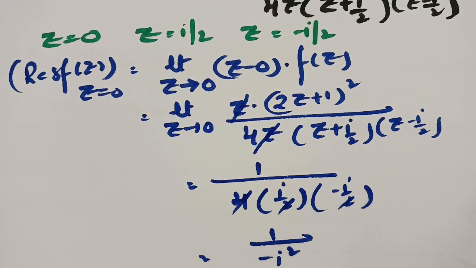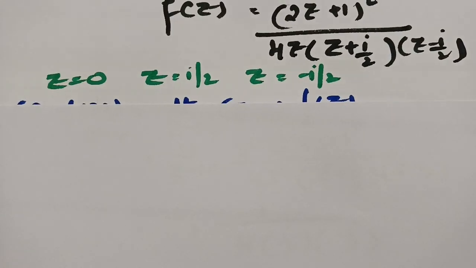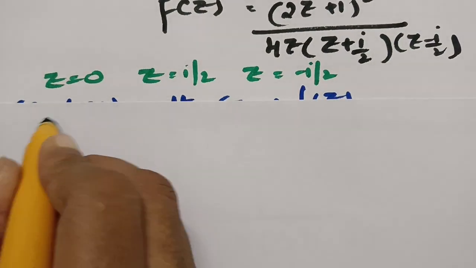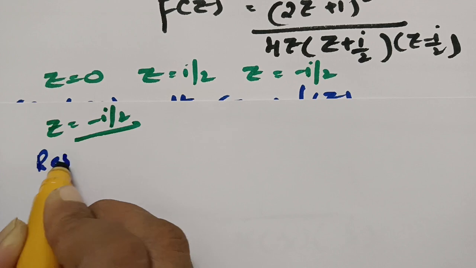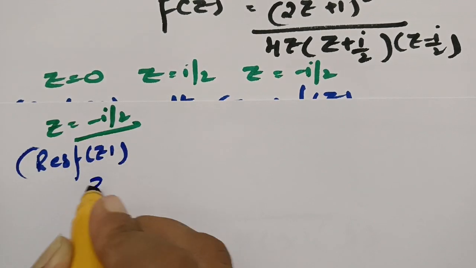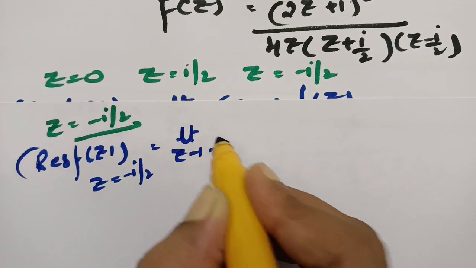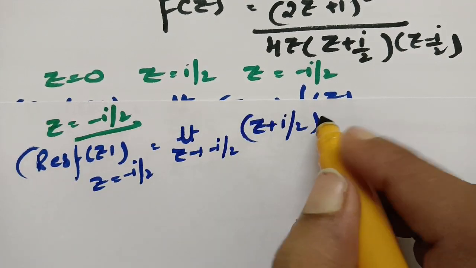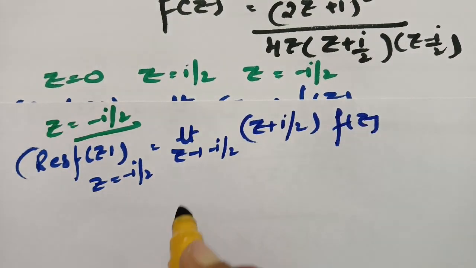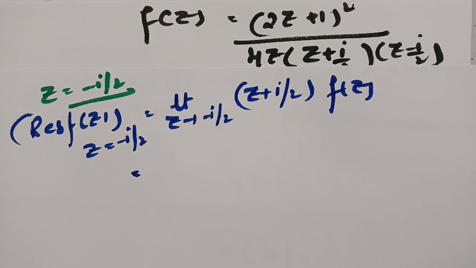And the next thing is we have to find the residue at z is equal to minus i by 2. So for finding the residue of f of z at the point z is equal to minus i by 2, this will be limit z tends to minus i by 2 of (z plus i by 2) into f of z. Clearly, what is our f of z value? f of z is this one.